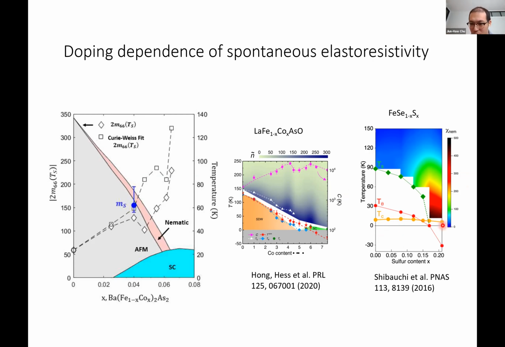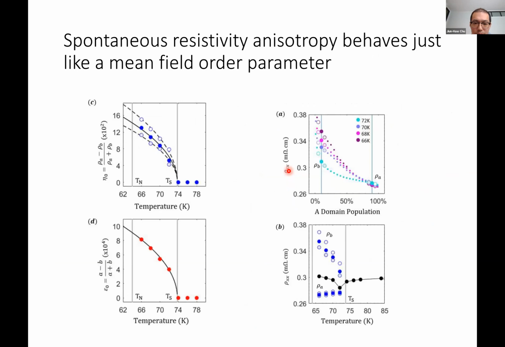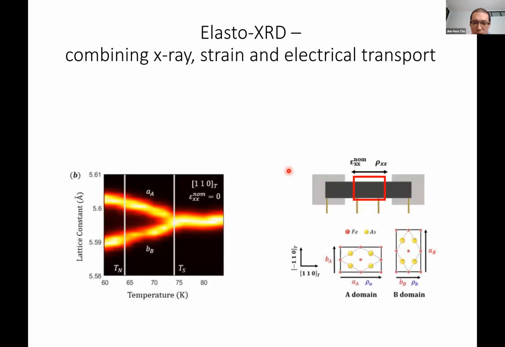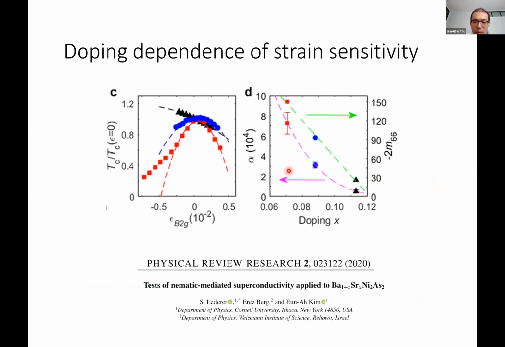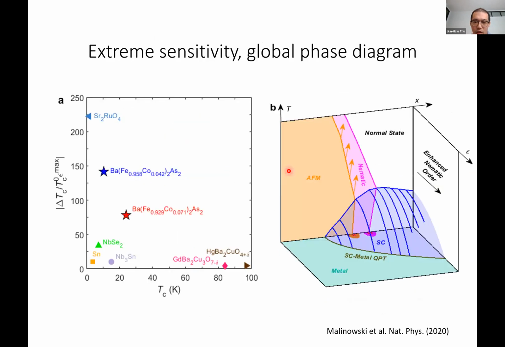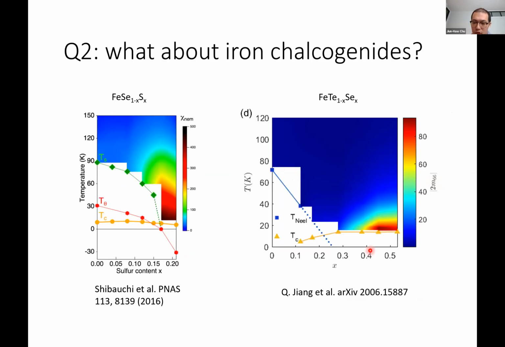Right. But again, that's just pure iron selenide. I don't know what will happen here, and at least to my knowledge, no one has actually measured here. And on the other side, with tellurium doping, which can be considered as the overdoped side, we have measured somewhere here.